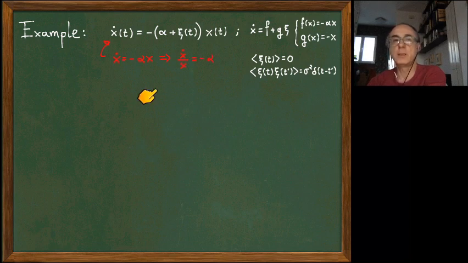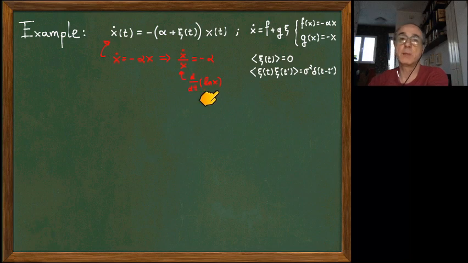And then here you immediately recognize the derivative of the log. Then we can integrate this and we get log of x equals minus alpha t, and then we get x exponential. So what we are really doing when we do this procedure is to solve the equation for the new variable, log of x. Actually, we are doing a change of variable.